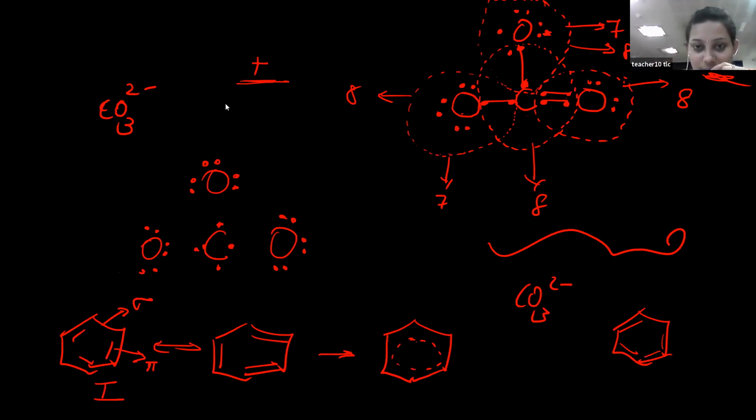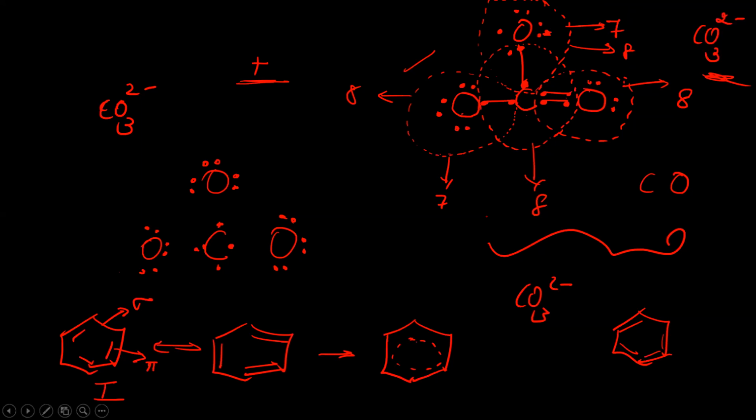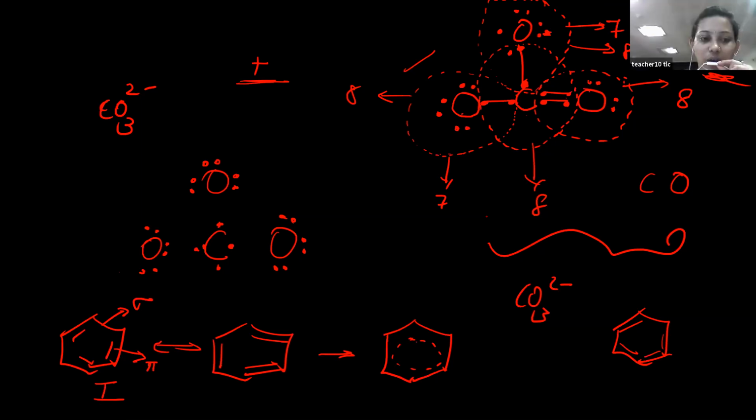Now, using this technique, students, this is a homework. Carbon monoxide, you decide how many bonds are there. Not a single bond. Ma'am, triple bond, ma'am. Yes, it is triple bond. Should add one electron. No. CO, is there any CO minus? No. Is there, ma'am, any CO plus?